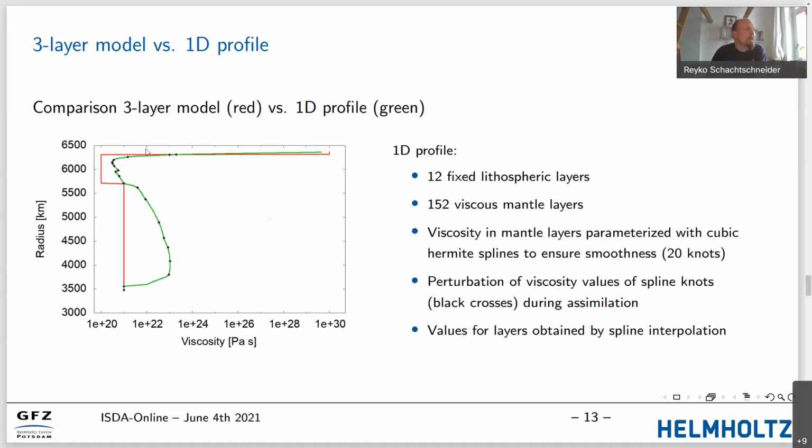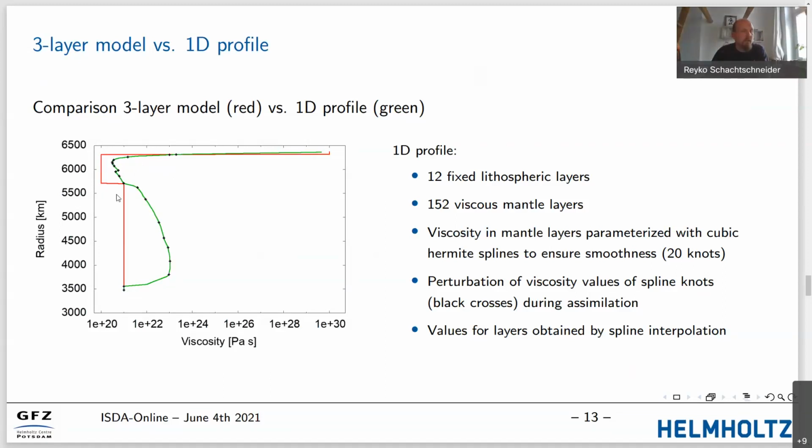The green line here is the target viscosity profile that we try to fit. The black dots are the spline knots for the cubic Hermite splines. There are 20 knots. We did this to ensure some smoothness of the profile, because if you change every one of the 152 layers individually, this becomes very, very rough.